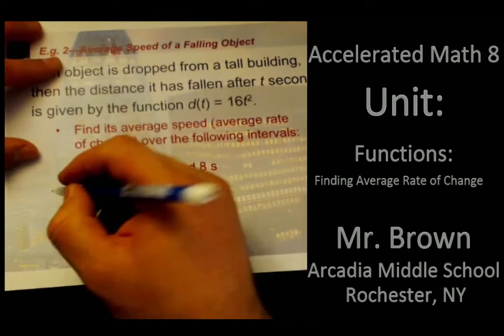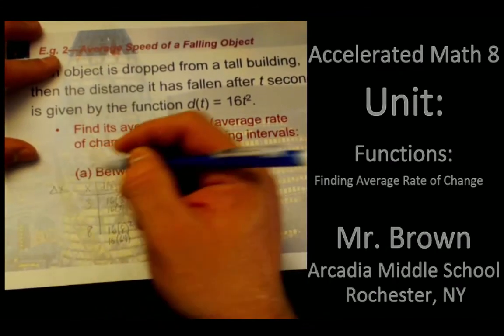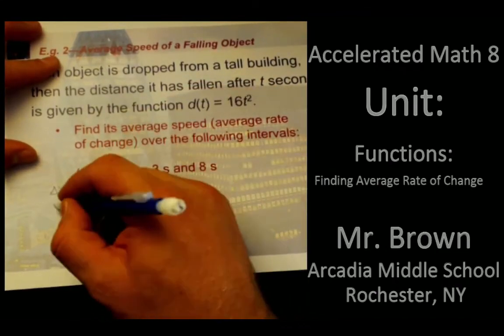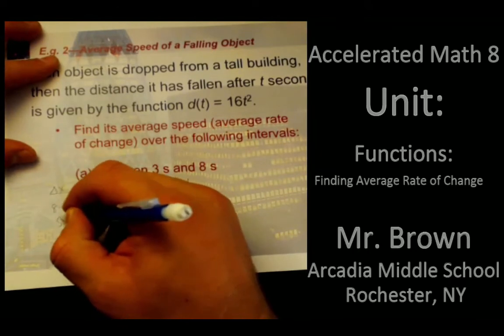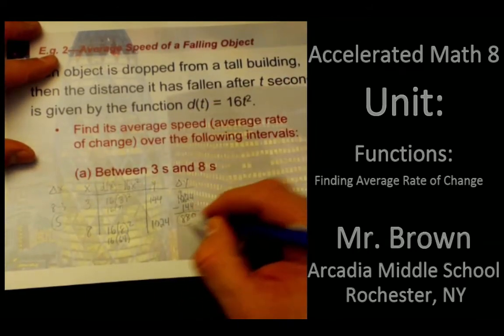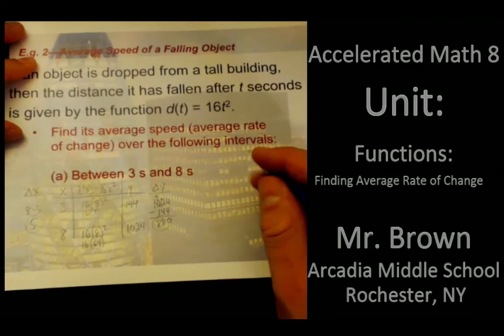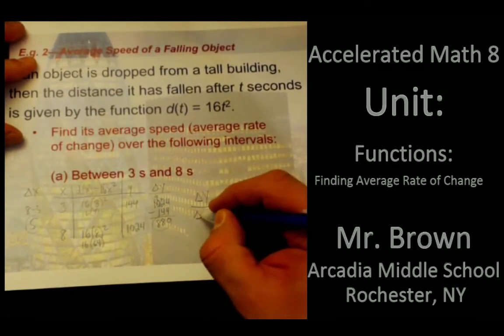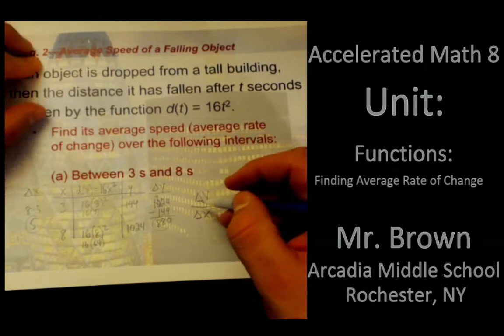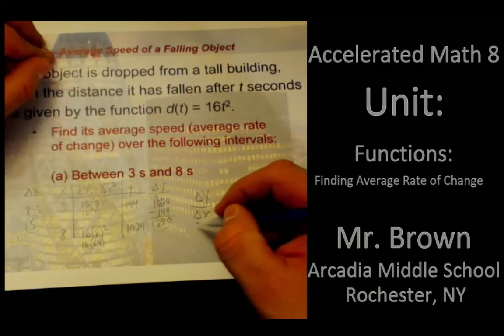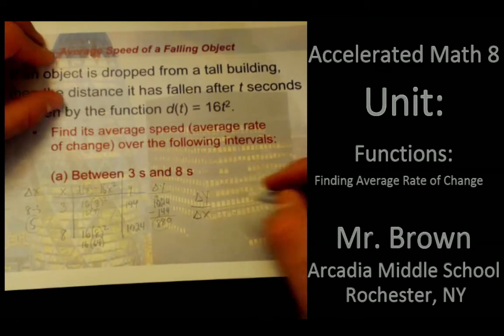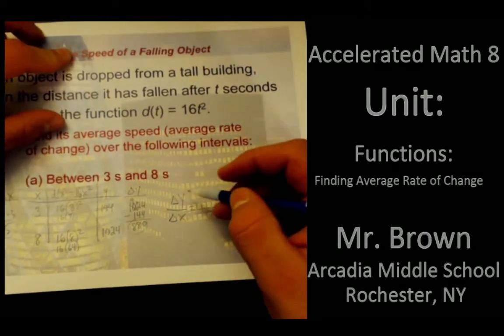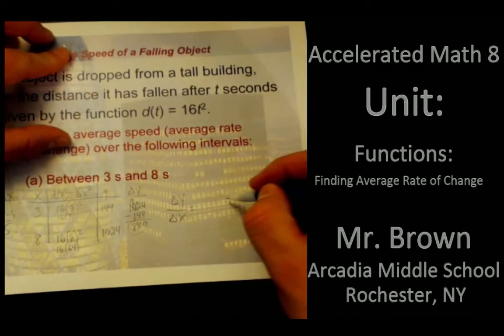And over here, the change in x would be 8 minus 3, or just plain old 5. So in this case, your rate of change would be change in y over change in x. Again, I didn't want to write the word change y and the word change x, so I used this triangle, which means the same exact thing. I could have put the subtraction on the top here, but anyways, I did that right there.